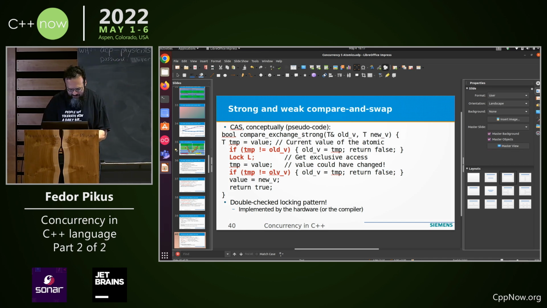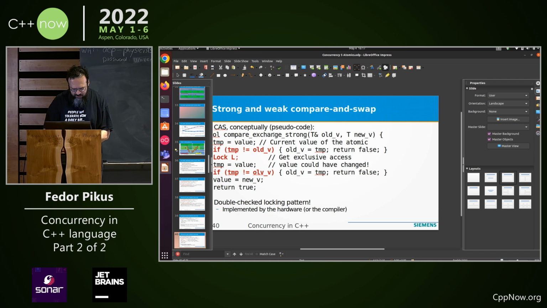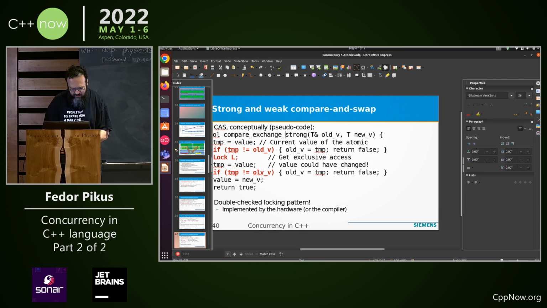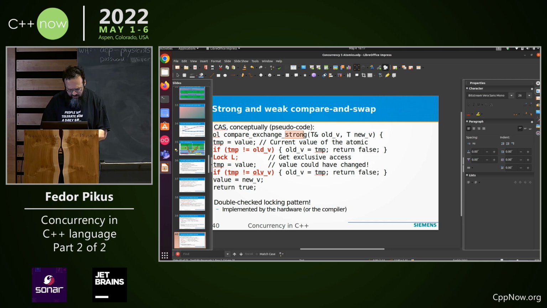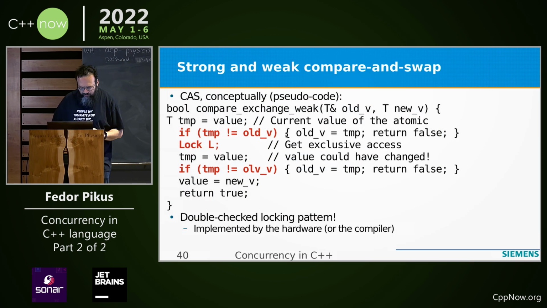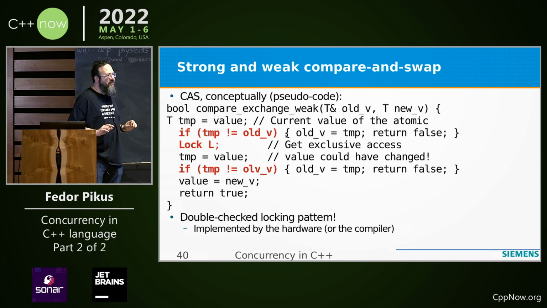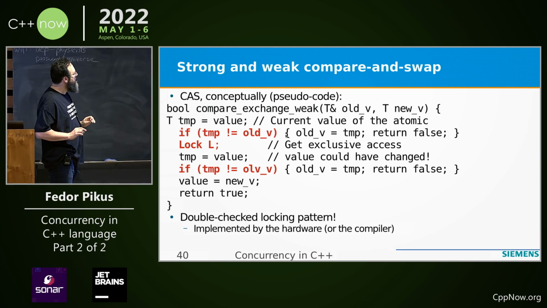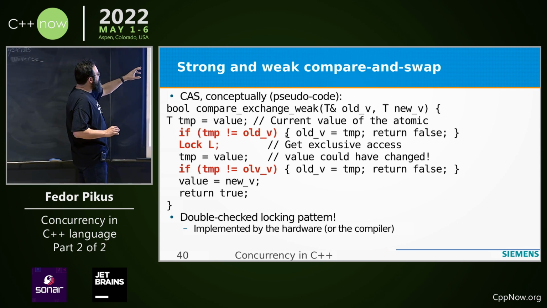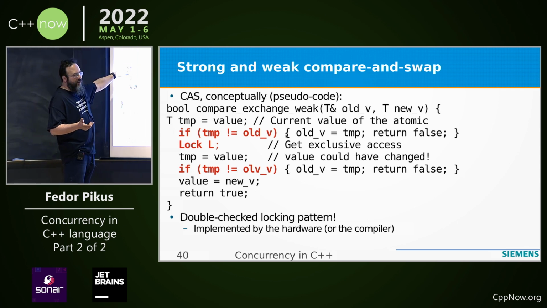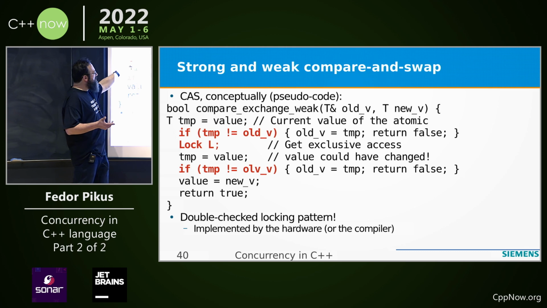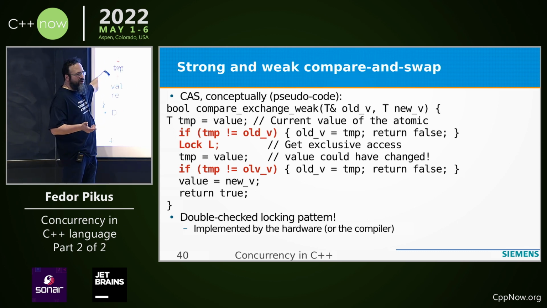Should that also be compare exchange weak? Before you spent the time doing the lock. Well, the advantage is that on some platforms like ARM, you could basically at the hardware level time out on the lock.